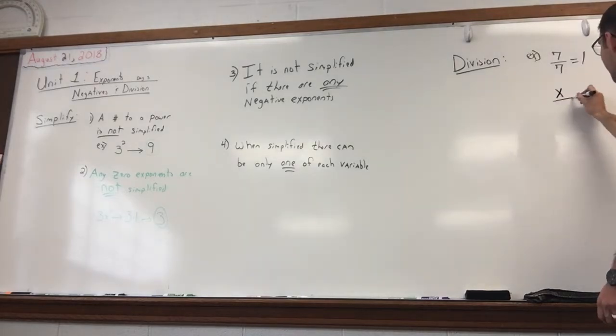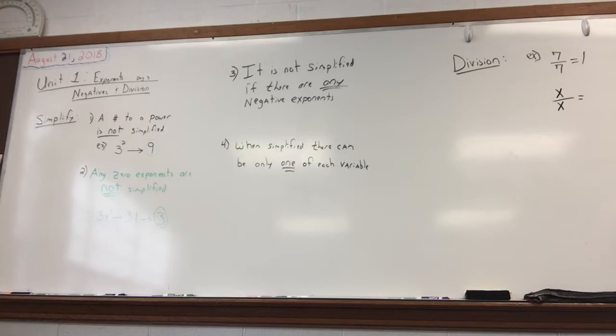What if I say x divided by x? Say it. 1. A variable takes the place of a number. So x is really a number. We just don't know it. It's an unknown value. So this value divided by itself is still 1.